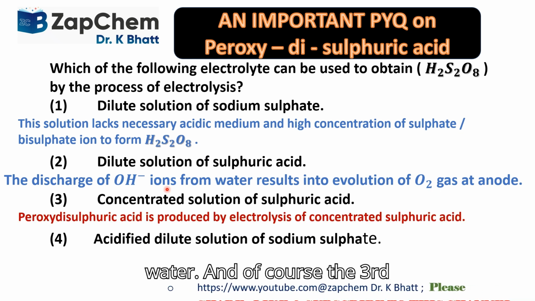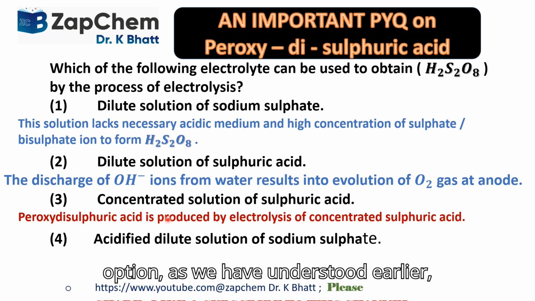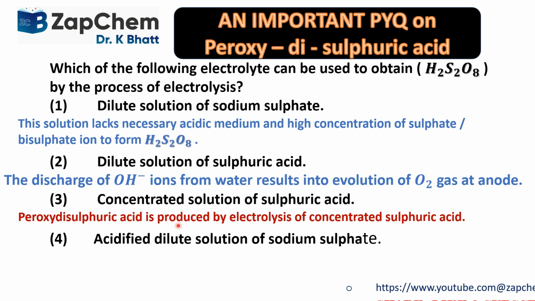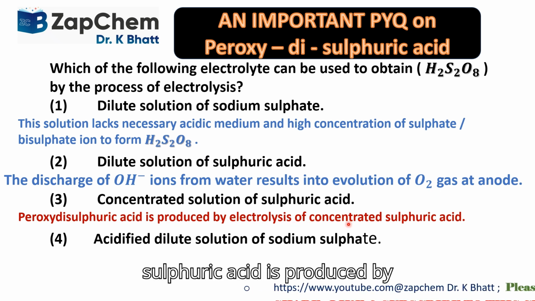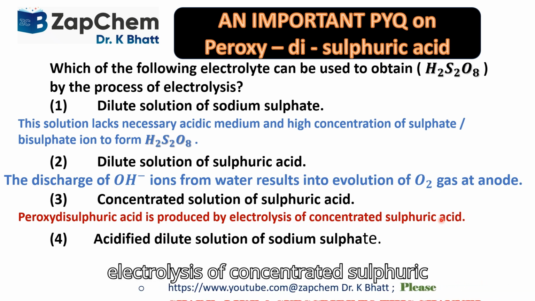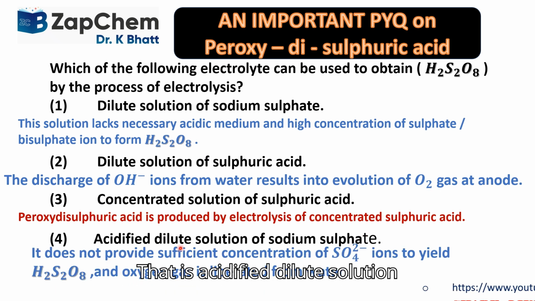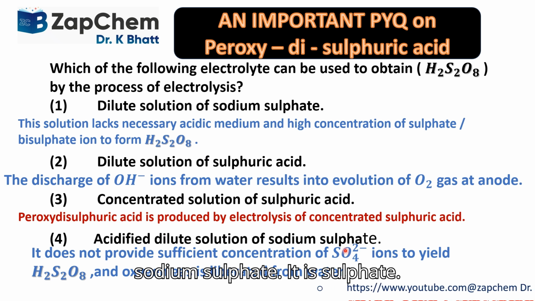And of course, the third option, as we have understood earlier, is the correct answer. Peroxy disulfuric acid is produced by electrolysis of concentrated sulfuric acid. And fourth, that is acidified dilute solution of sodium sulfate. It is sodium sulfate.